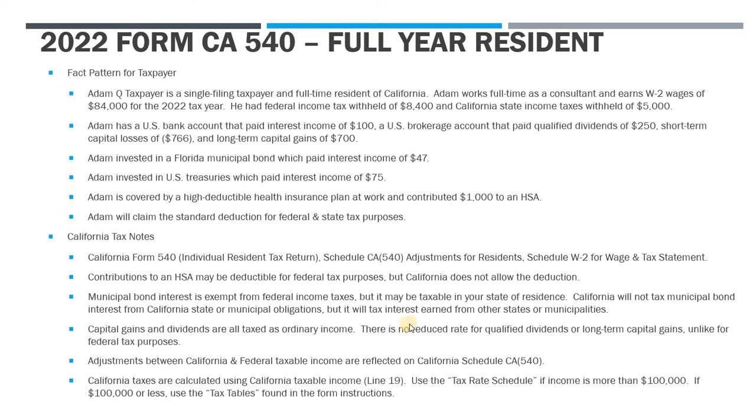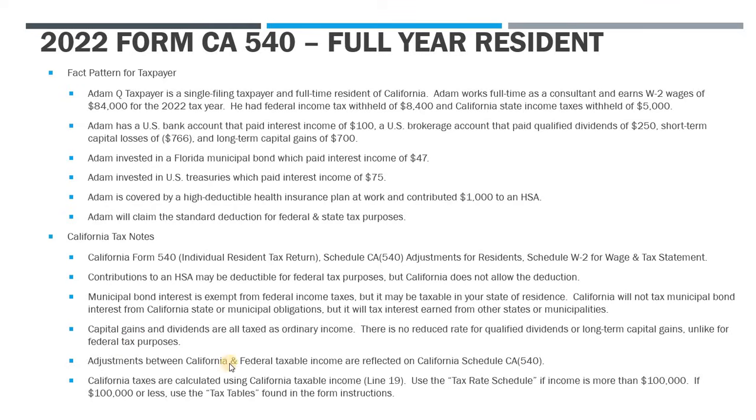But California will tax municipal bond interest earned from other states or municipalities. Because Adam is invested in a Florida municipal bond that's paid him some interest during the year, California is going to tax that because he is a California tax resident, and those are bonds issued by non-California municipalities, counties, or the state.